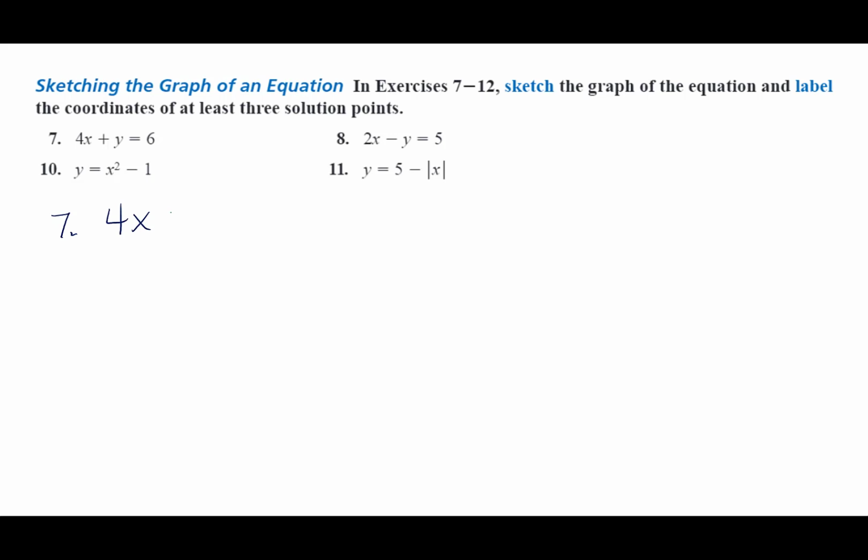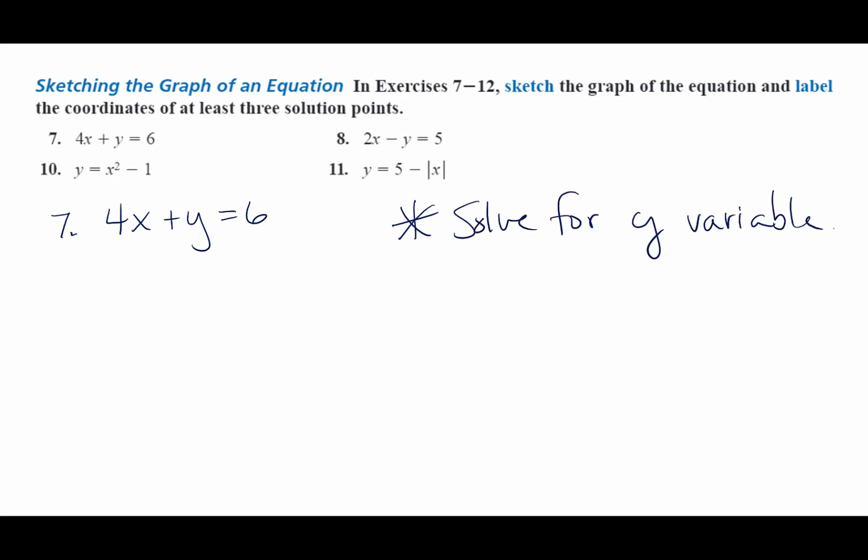This is 4x plus y equals 6. I'm going to make a suggestion to you that anytime you're asked to generate a list of ordered pairs, it's going to be best to solve the equation for y first.